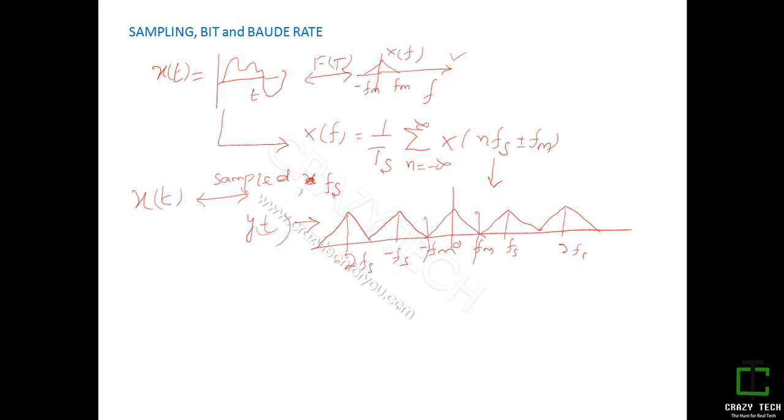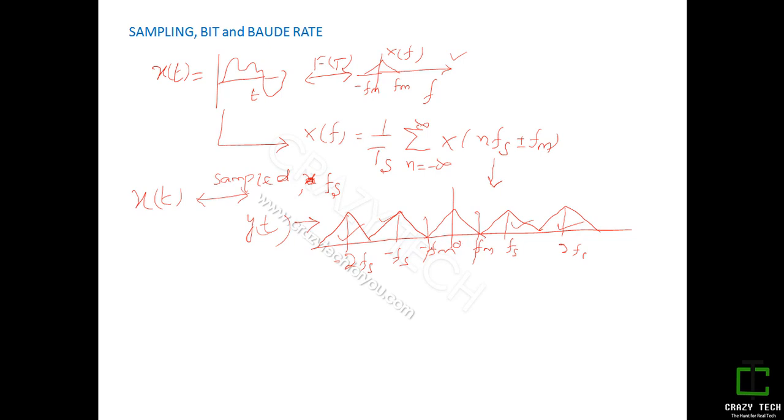You don't need to bother about the low pass filter. Our computer automatically has an inbuilt low pass filter, or if you have a sound card already embedded in your computer, it has an inbuilt low pass filter which eliminates all these additional frequency components.